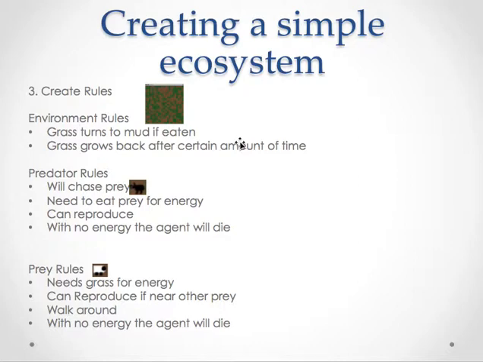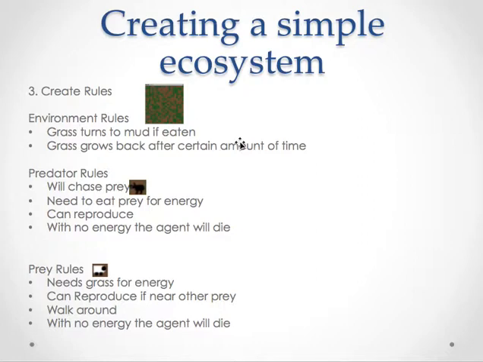The second rule set is for predators. All the predator agents have these rules. They will chase prey. They need to eat prey for energy. If a predator touches a prey agent, the prey agent will disappear from the system, and the predator agent will get what's called energy. If they don't have any energy, they'll die, so they'll disappear from the system.